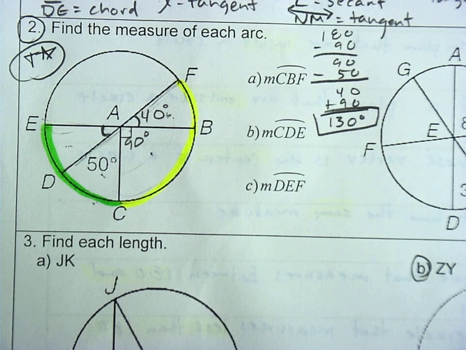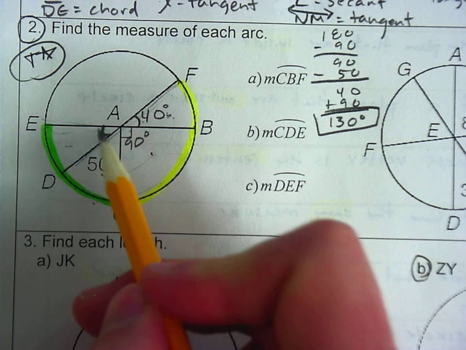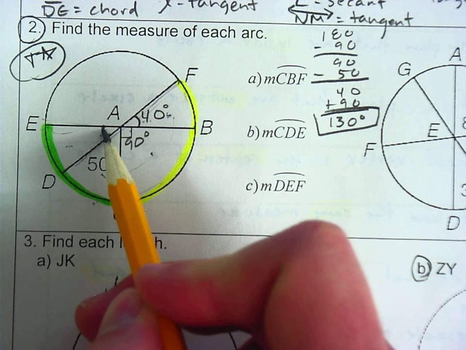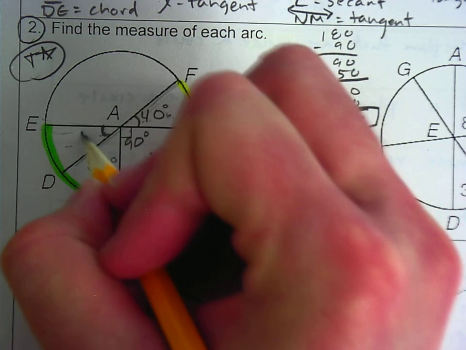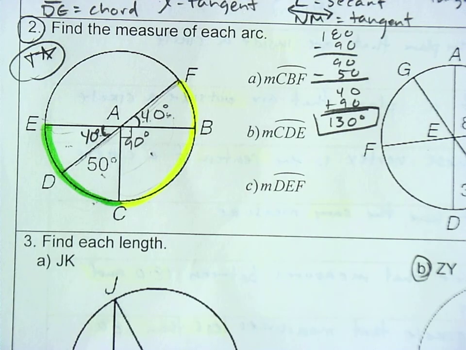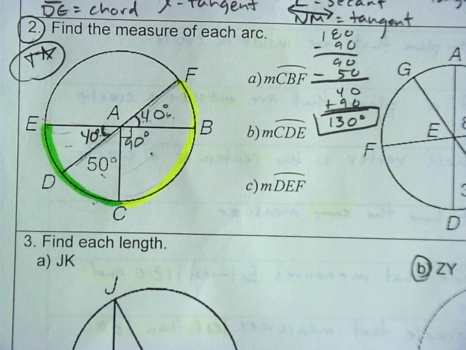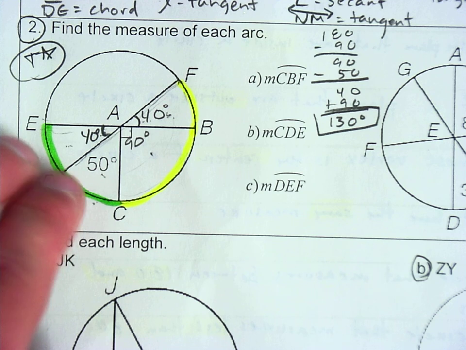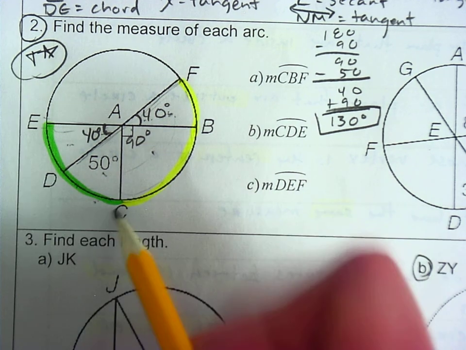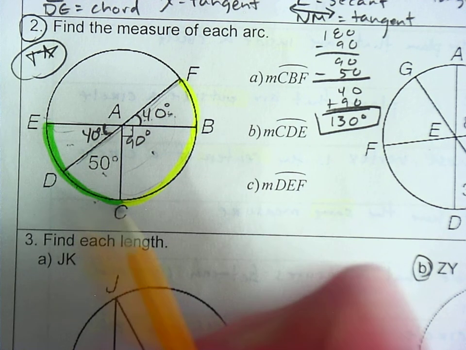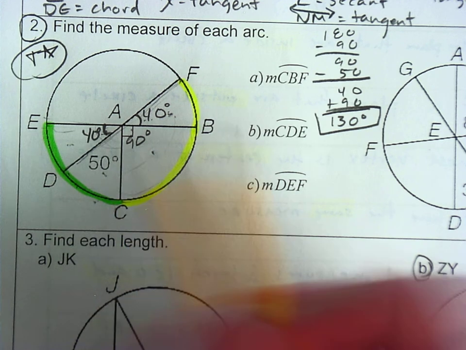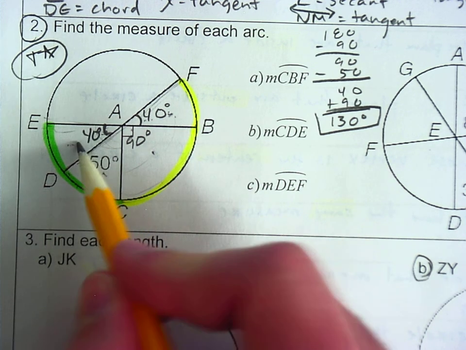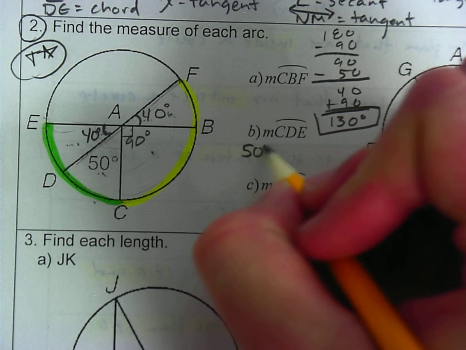It has an angle that's opposite from it positionally, but that means that it's the same measurement, so 40 degrees as well. So to find the measurement of this arc, CDE, this whole entire angle, I would just need to do 50 plus 40, which is 90.